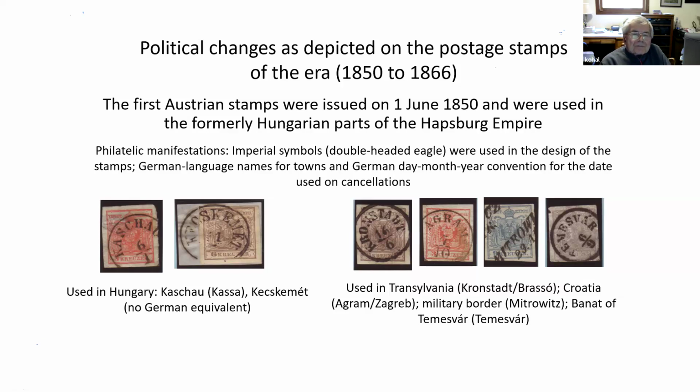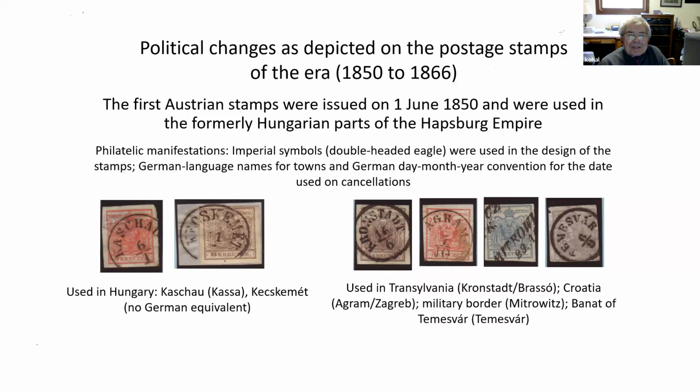Now, the purists might say that the stamps of Austria used in Transylvania were really not used in Hungary. They were a separate region. And you can bend that argument both ways, that they were traditional Hungarian areas, but in this particular case, they were sort of independent of Hungary.